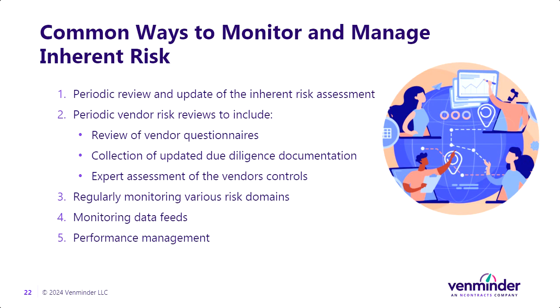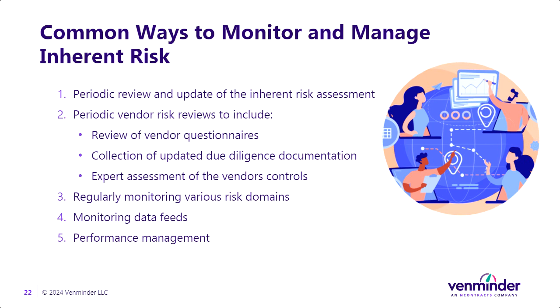So knowing this is not a one and done process, here's some common ways in which you can monitor and manage that inherent risk. Again, doing periodic review and updates of that inherent risk assessment. Definitely with those critical and high risk vendors, that risk assessment process needs to be done at least annually. Some periodic vendor risk reviews to include review of vendor questionnaires.